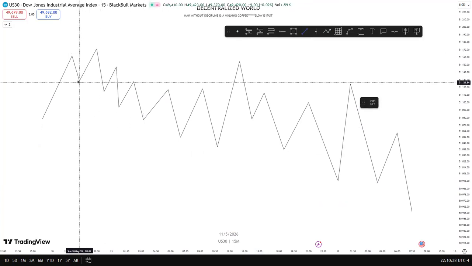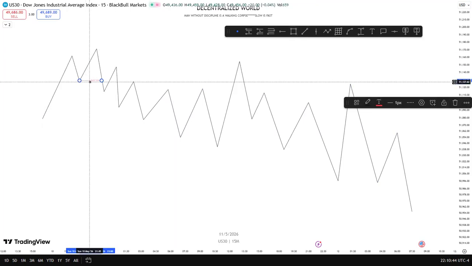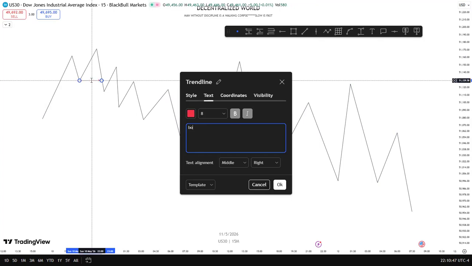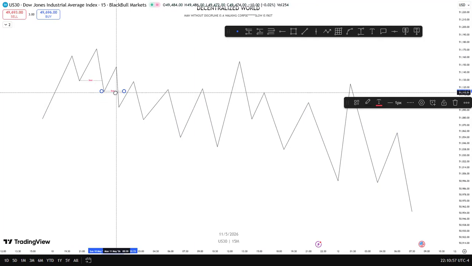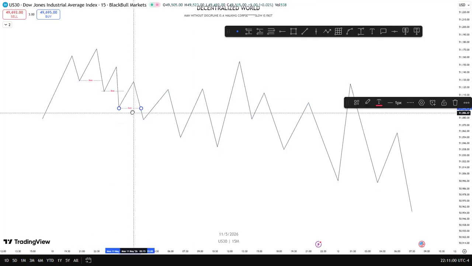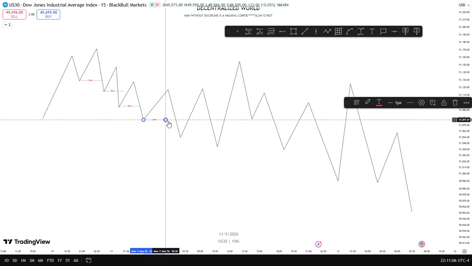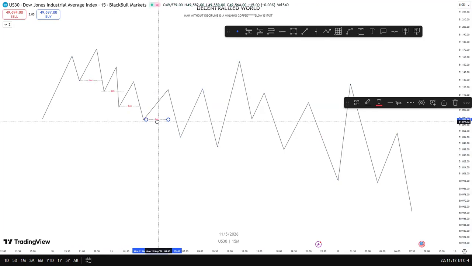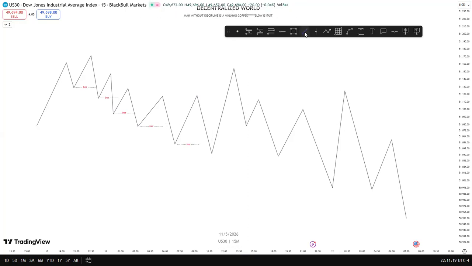So all these things are breaks of structure, BOS. Price keeps breaking structure. And then we had internal range liquidity.